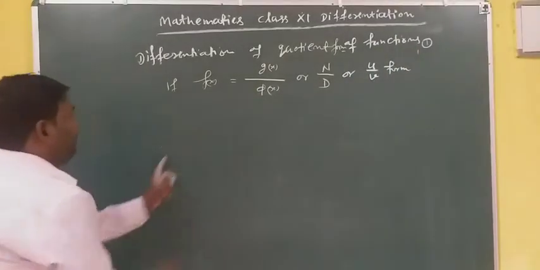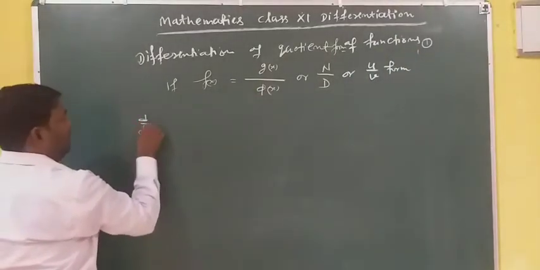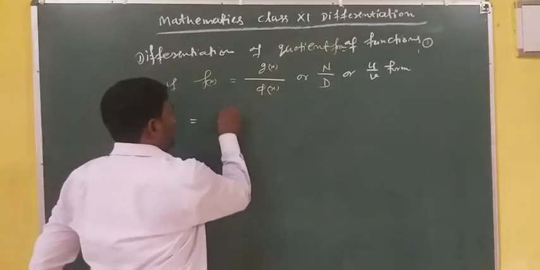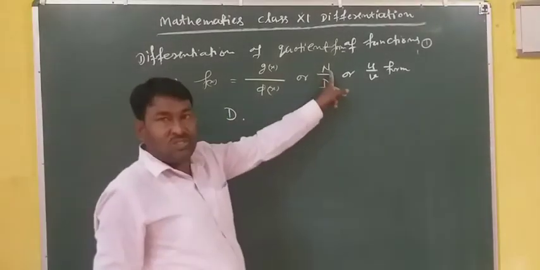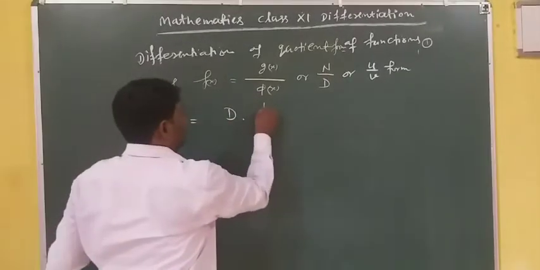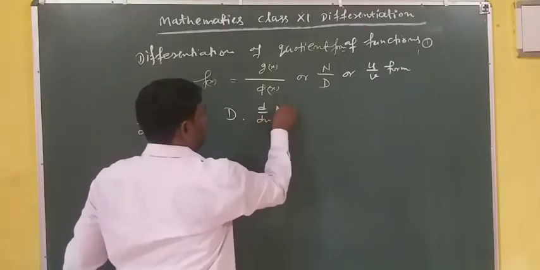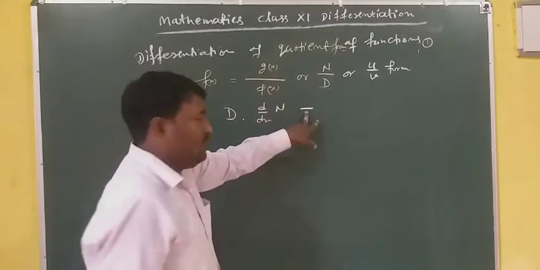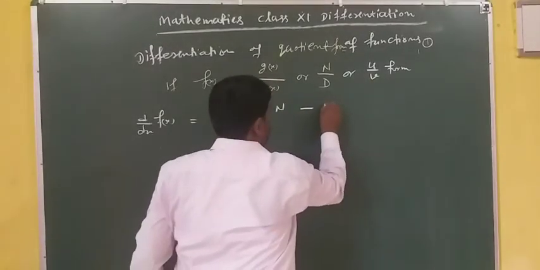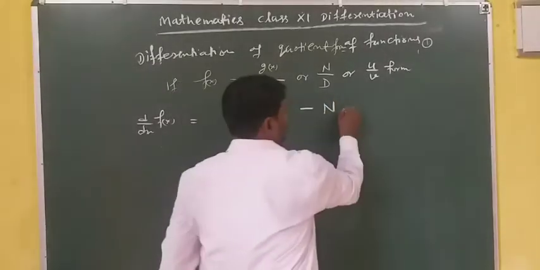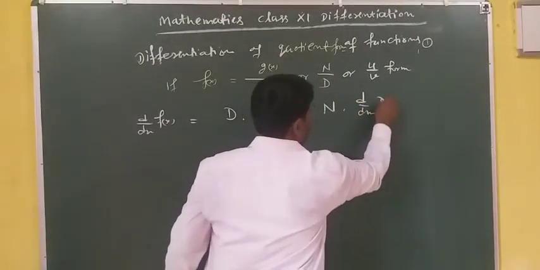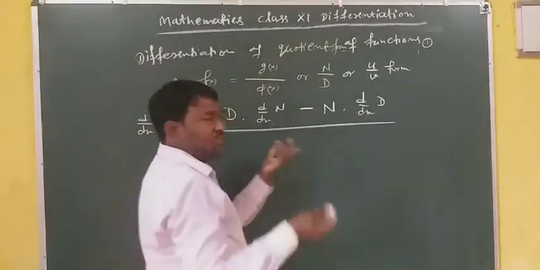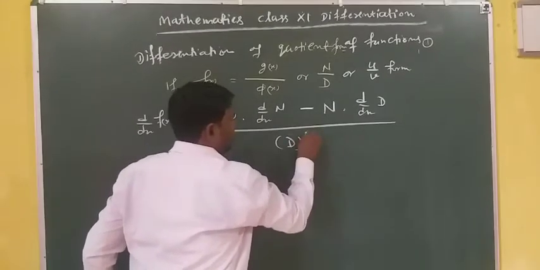Here d by dx of such a function is equal to denominator into differentiation of numerator, minus (in product form there was plus, here minus) numerator without differentiation into differentiation of denominator, divided by the denominator without differentiating, here denominator whole square.